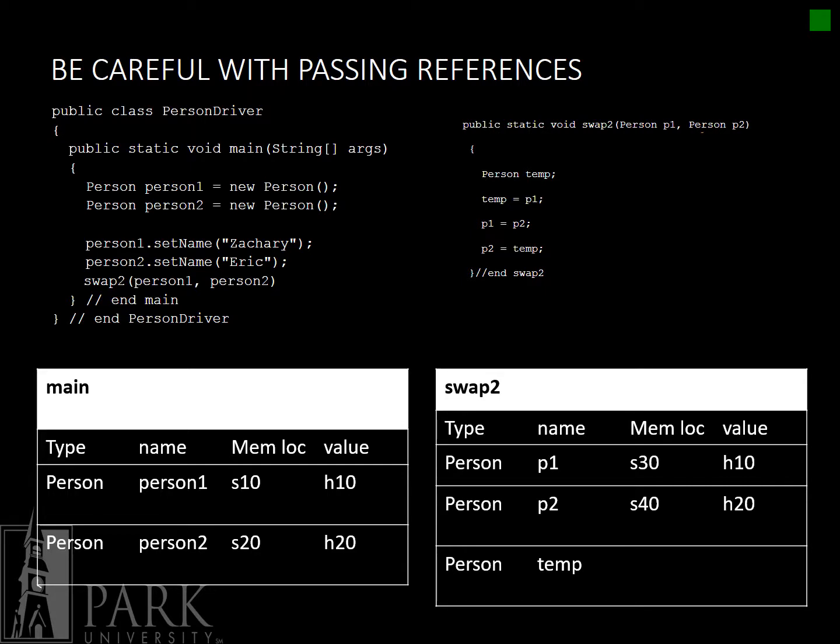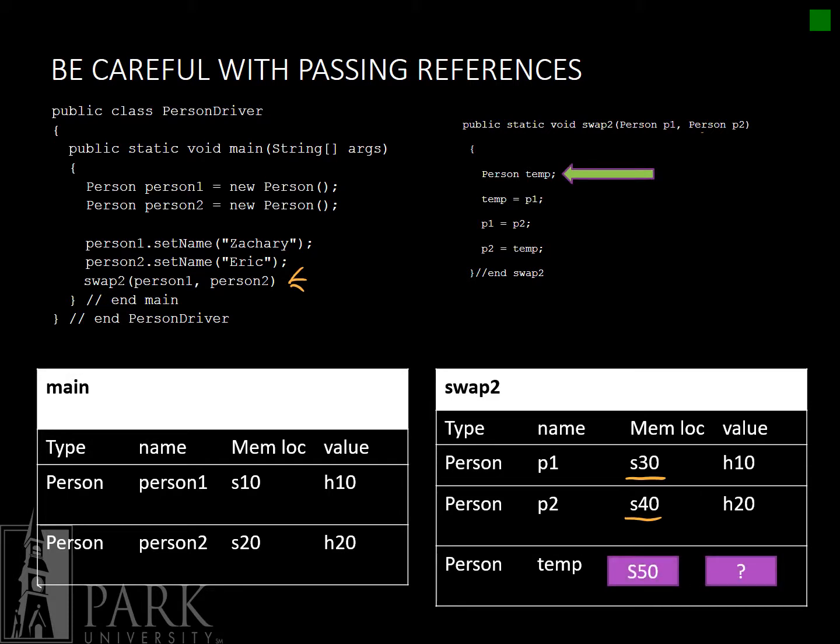So P1, person 1, gets this new memory location of S30, and person 2 gets this new memory location of S40. But when we pass it in using this swap method right here, these P1 and P2 are going to be assigned the memory locations of person 1 and person 2, right?